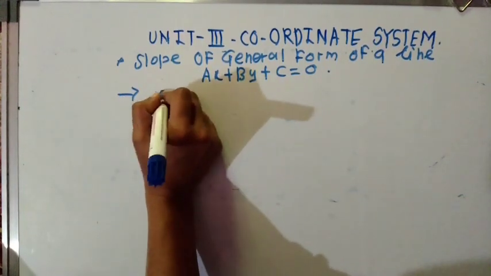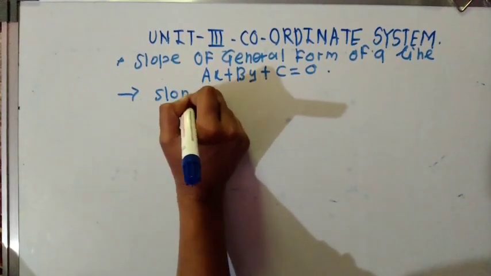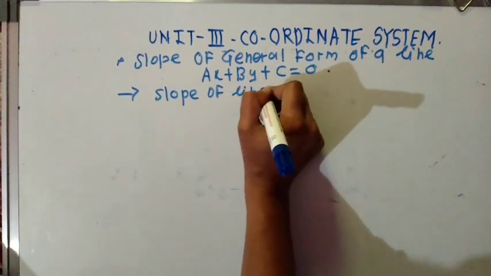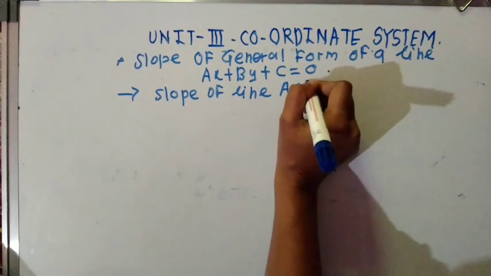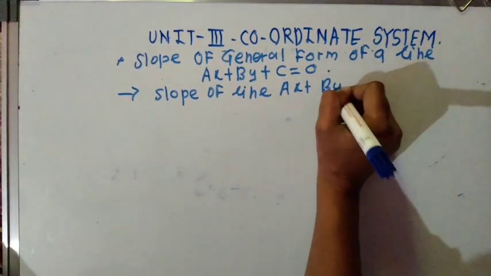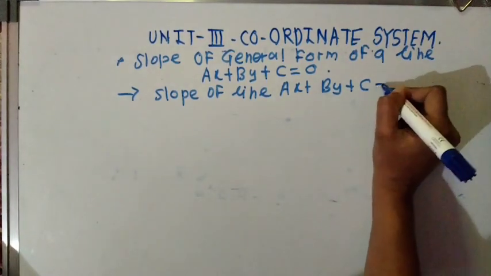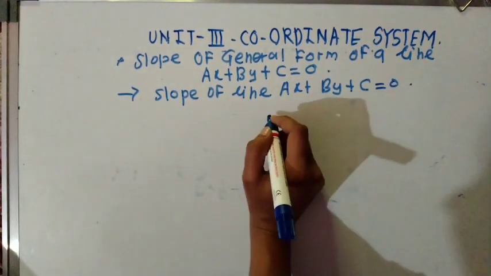Suppose here the line is ax plus by plus c is equal to 0.